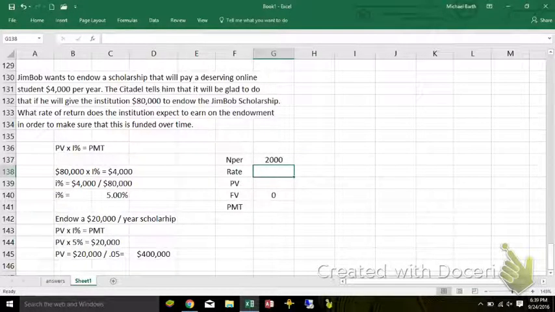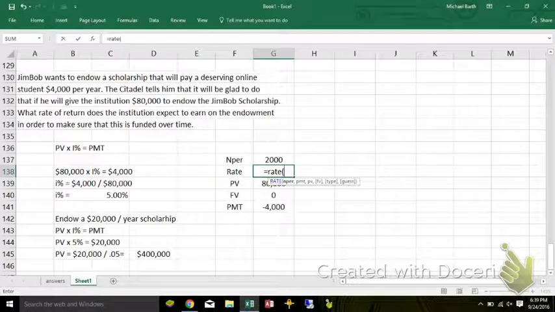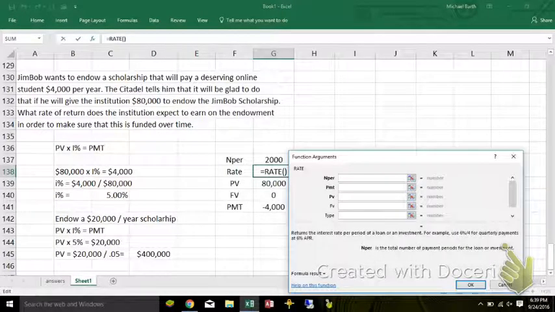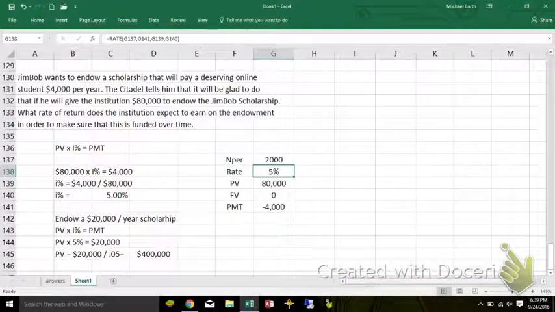And then if we were trying to solve for rate, with a present value of $80,000 funding $4,000 a year payments, you'll come up with the same answer as long as you use a big enough N. Here a couple of thousand usually is more than sufficient, depending on what other numbers are.